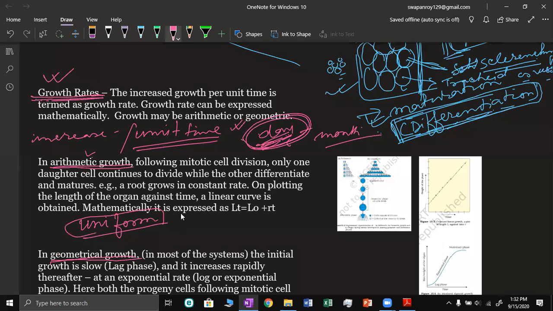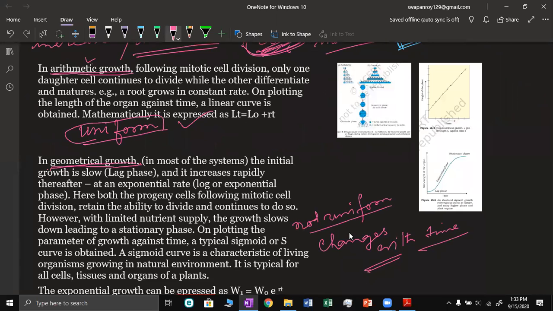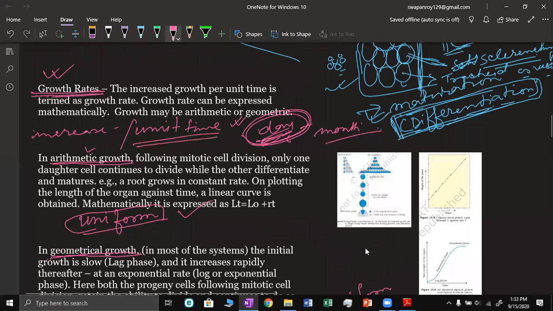But in the case of geometrical growth, the growth rate is not uniform, and it changes with time. Initially, maybe it is slow, then the rate of growth will increase very fast, and again it may be slow.